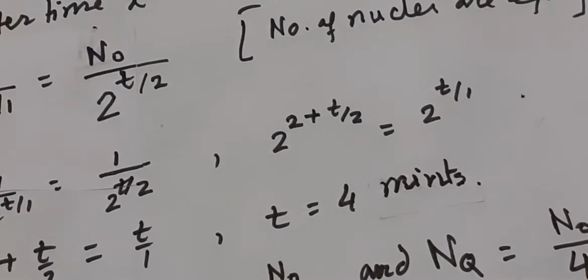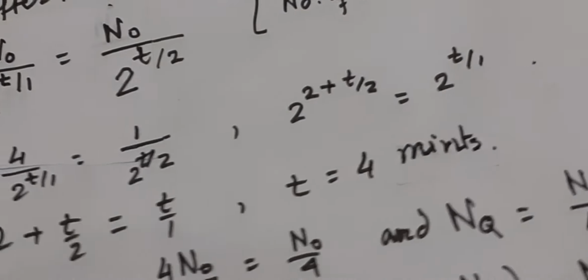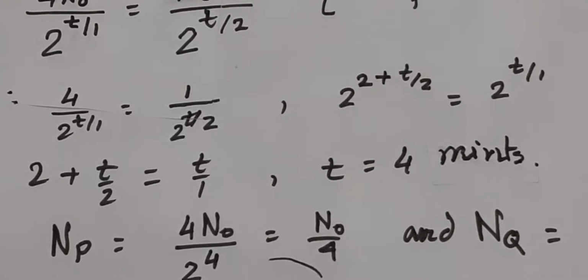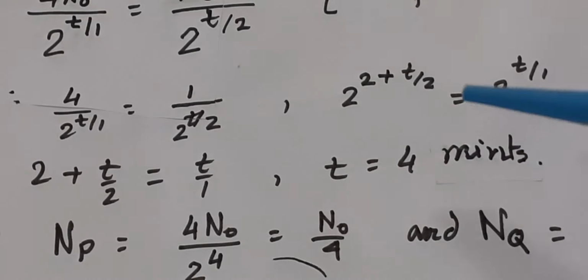That means for the sample P it will have 4 half lives, because each half life takes 1 minute, so time t is 4 minutes and the number of half lives will be 4.